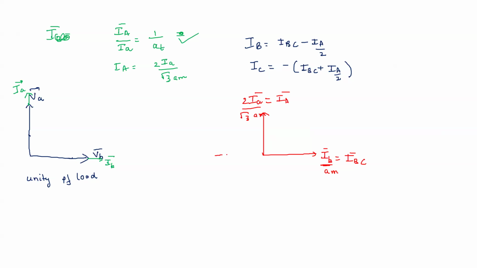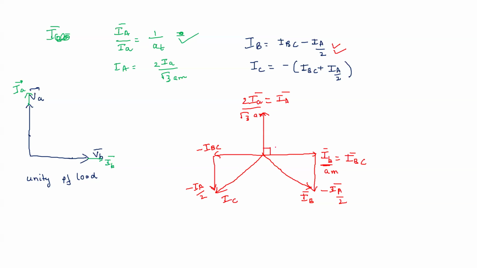Now here, this is minus IBC. Okay, so you see this IBC minus IA by 2. So this is IA, so minus IA by 2 will be here. So this is minus IA by 2. So IBC minus IA by 2 is what? IB. Okay, so IB is like this. So this is IB. Okay, and minus IBC minus IA by 2, this is IC.